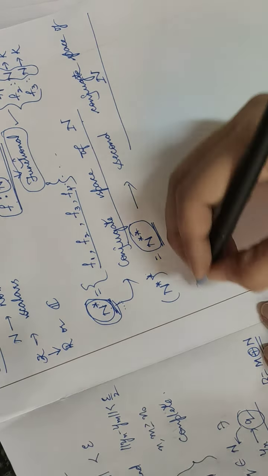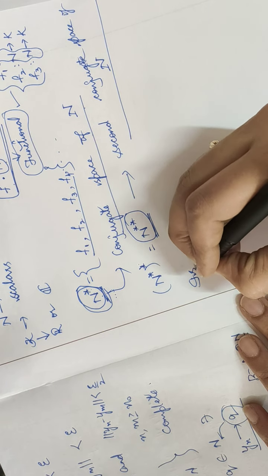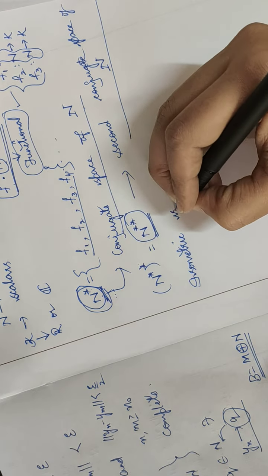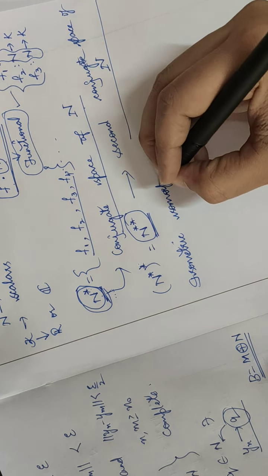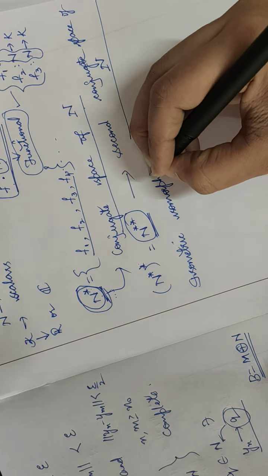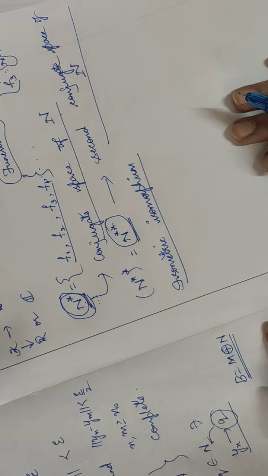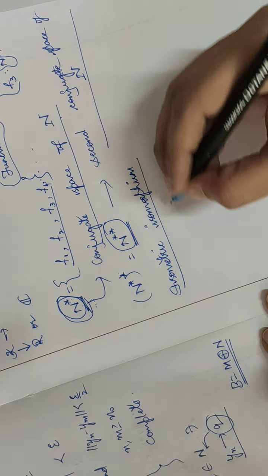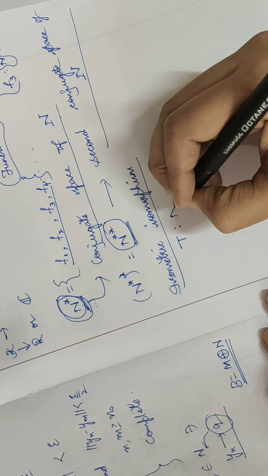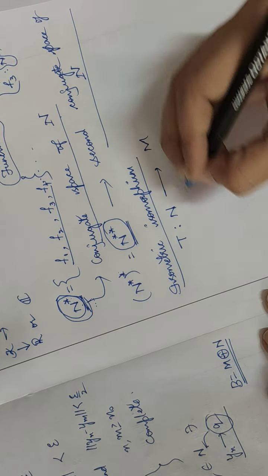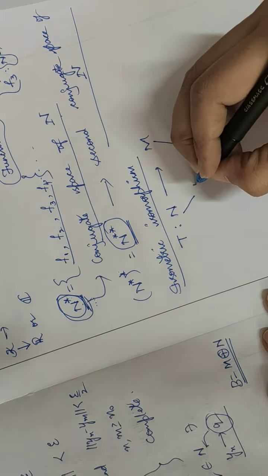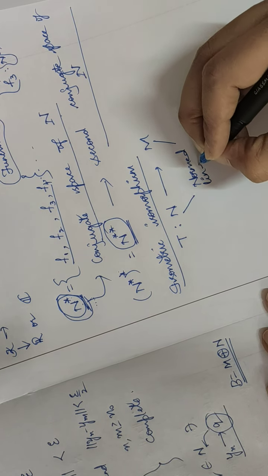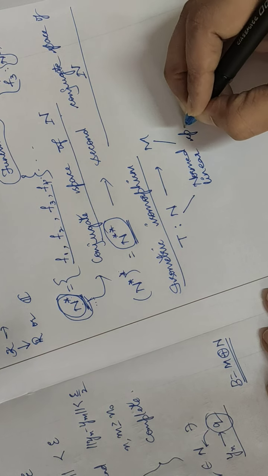Okay. The next important definition is isometric isomorphism. So here also we will consider a mapping T from N to M, where N and M are normed linear spaces.